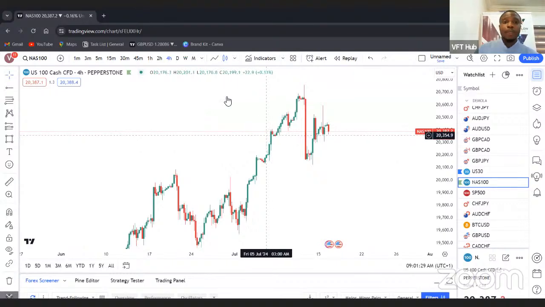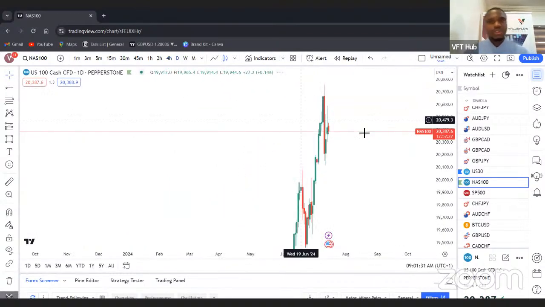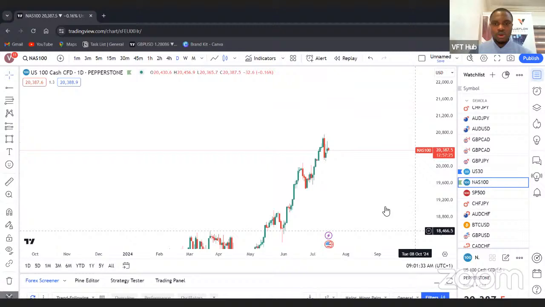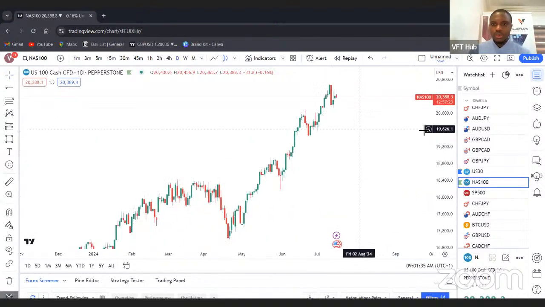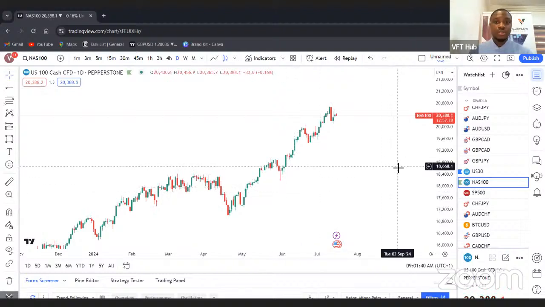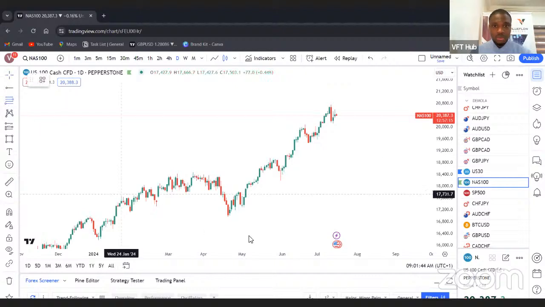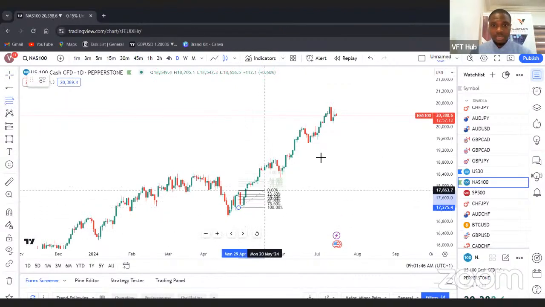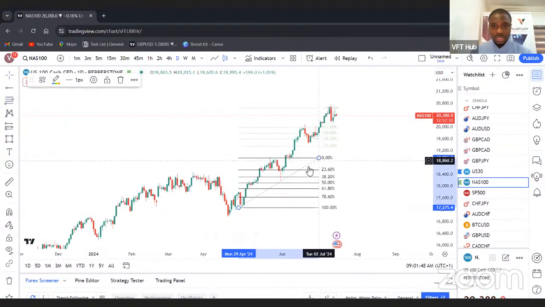For Nasdaq, on the daily time frame, we are overall bullish, right? Let me show us something. The buy that US 30 just did, this was NAS's own, to tell you how crazy this market can be sometimes. Nasdaq tapped into the 38.2% fib level and went back, continued the rejection, continued pushing price.